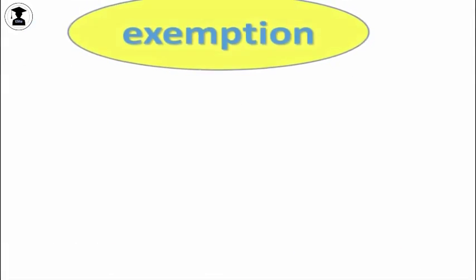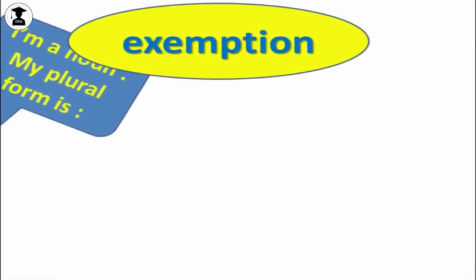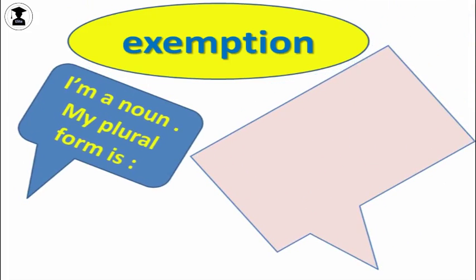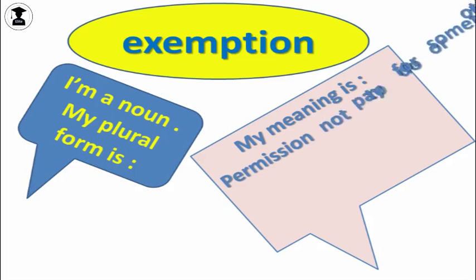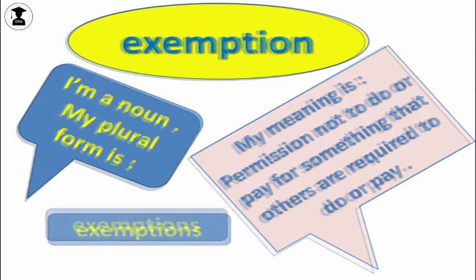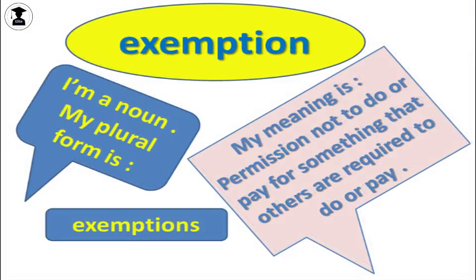Exemption is a noun whose plural form is exemptions. And the meaning of the noun exemption is permission not to do or pay for something that others are required to do or pay.